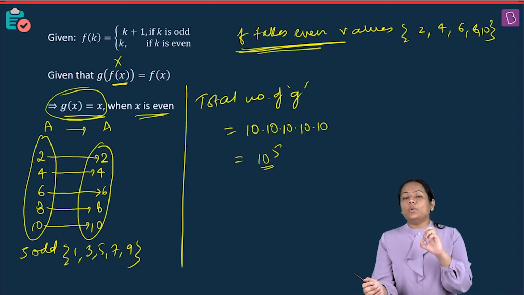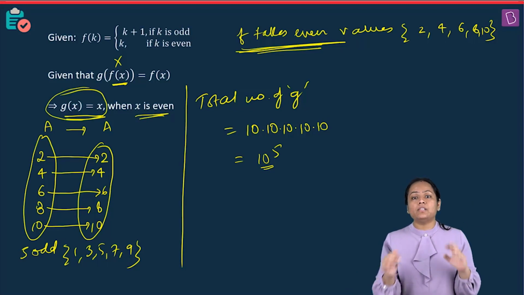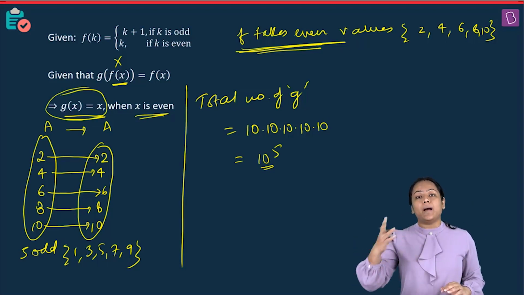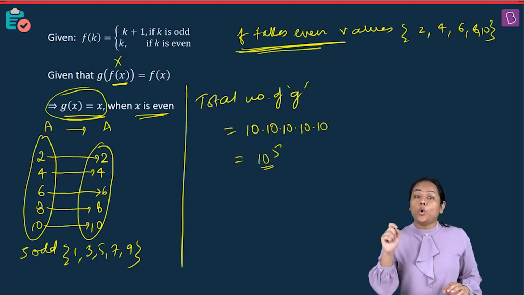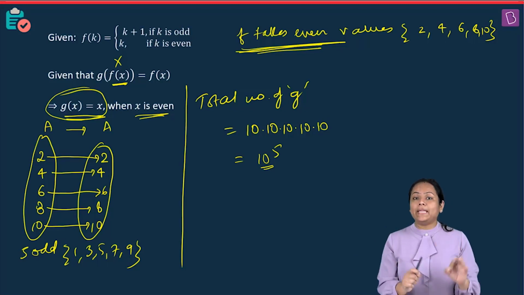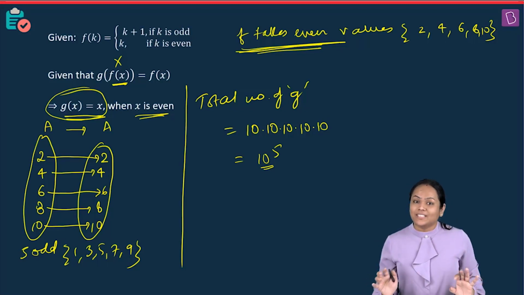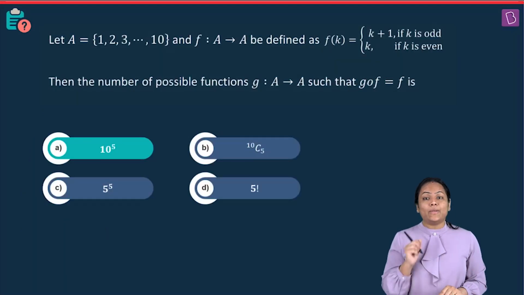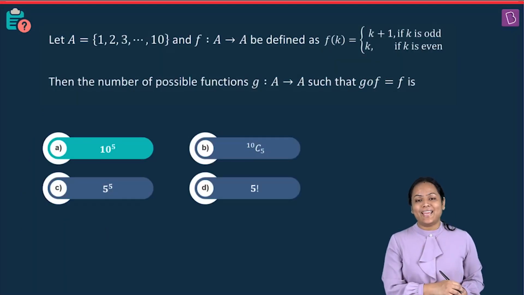That left only the odd numbers, which can be mapped with any of the 10 numbers given in the codomain of g. So the total number of functions will be 10 raised to 5. Understood? Perfect. And now if you look at the options, we can say that the answer is A.